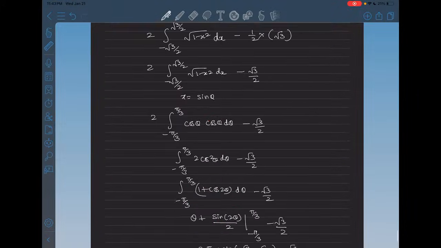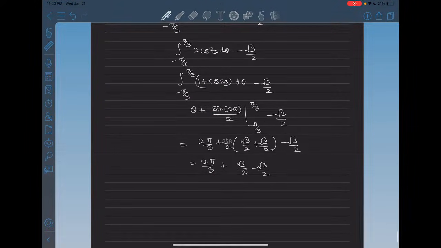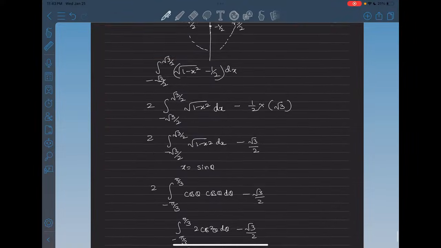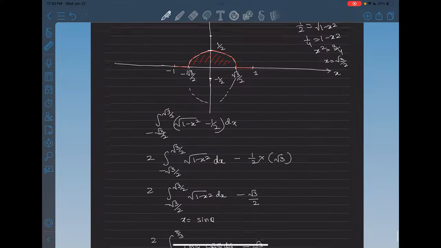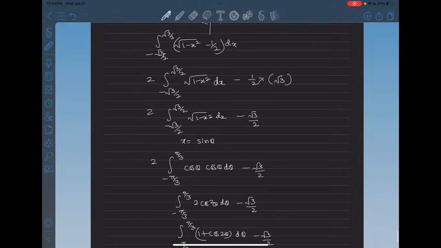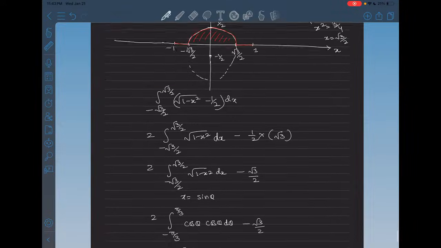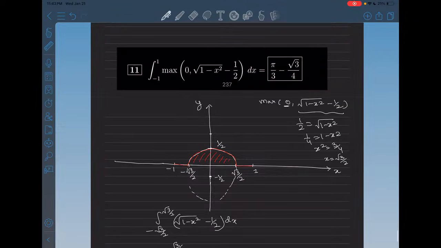And then I get the answer as 2 pi over 3, which does not look correct. Guys, do you have any idea what could have gone wrong? If you know where I went wrong, I would appreciate any suggestions.